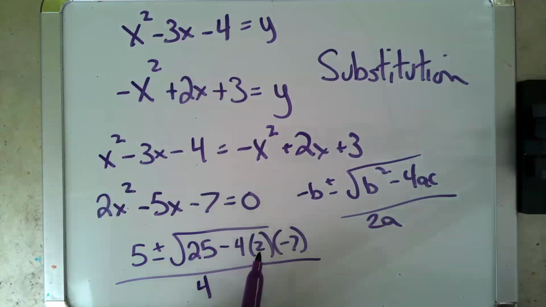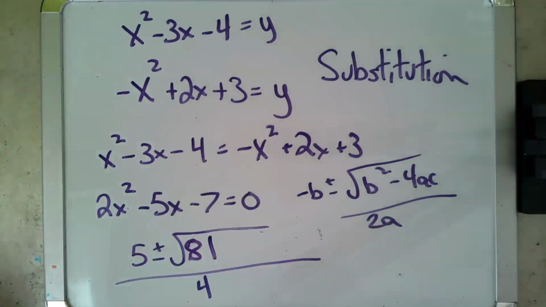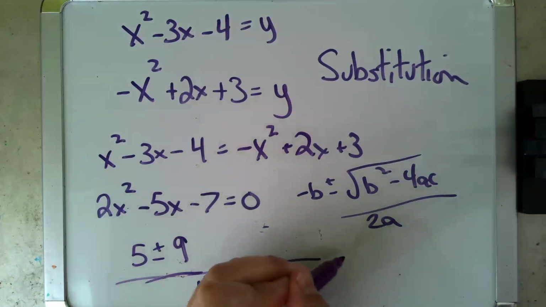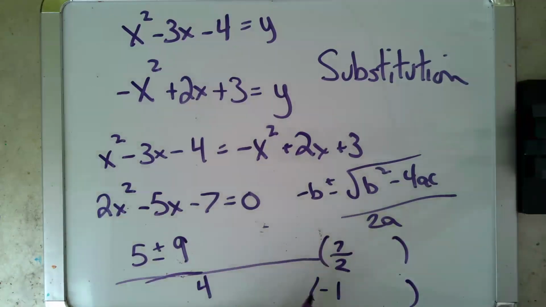Minus 4 times 2 times minus 7 winds up being plus 56, and 25 plus 56 is 81, and aren't we lucky? So that's a whole number. And here we go. 5 plus 9, that's 14 over 4. That's 7 halves. Or 5 minus 9, that's negative 4 over 4. That's negative 1. So those are our two x's.